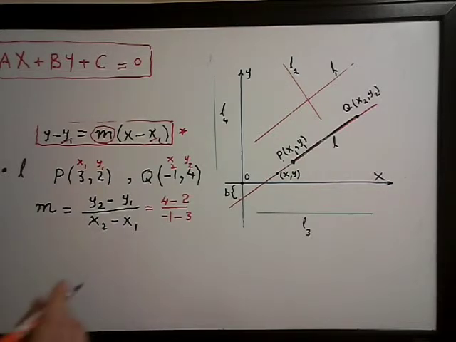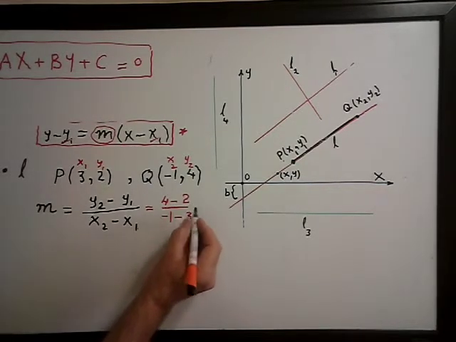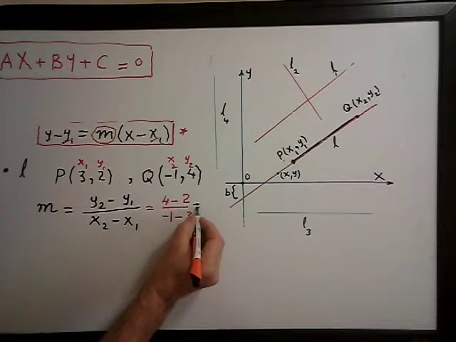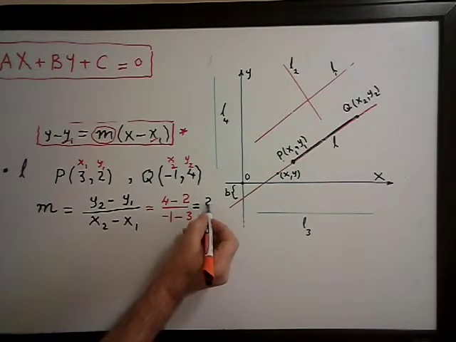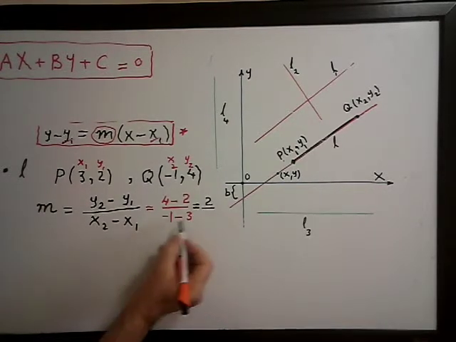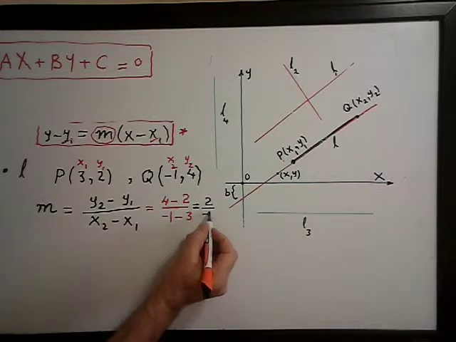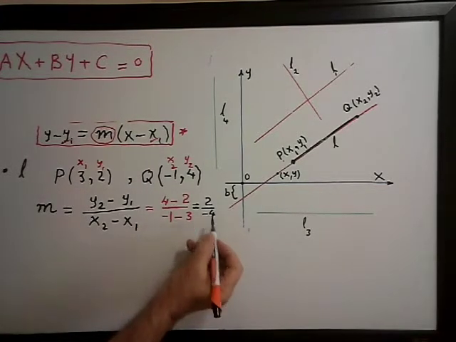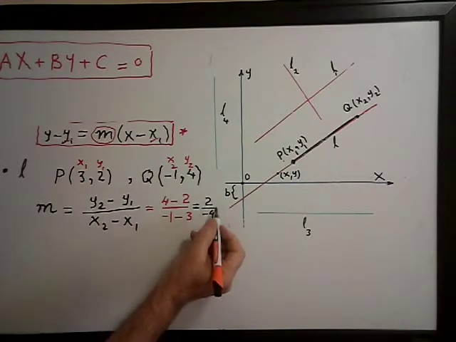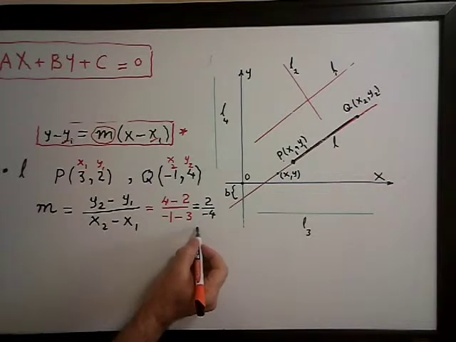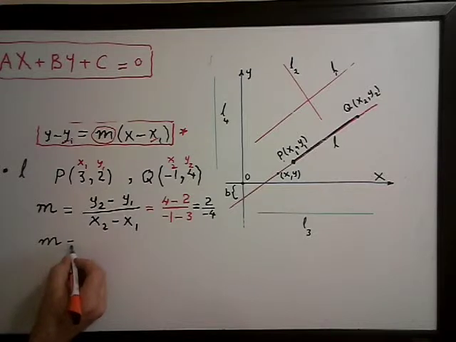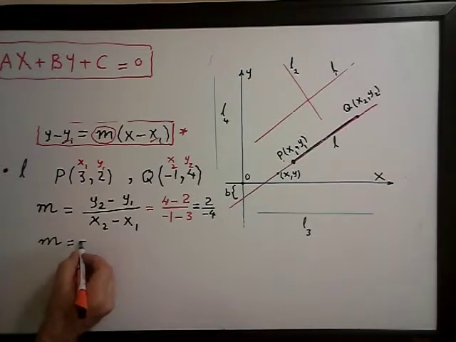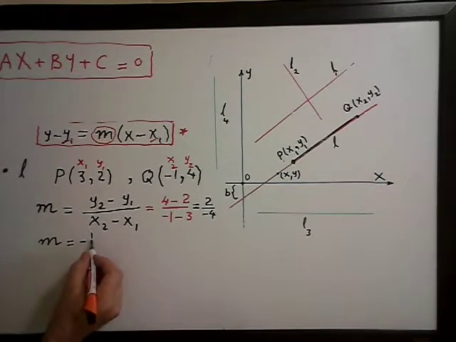So this value is 4 minus 2, that means 2, over -1 minus 3, that means -4. We can make cancellation 2 over 2. That means m is -1 over 2.